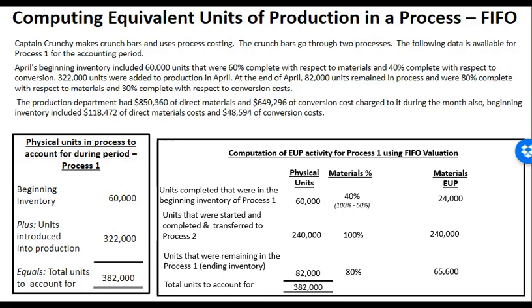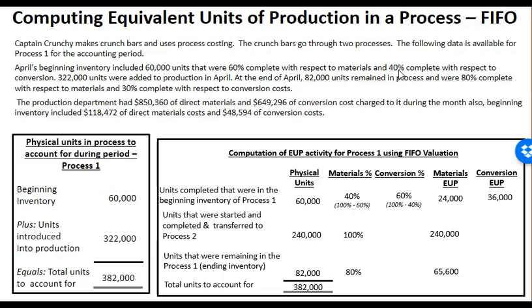Now I've got to do a calculation for my conversion cost, and again I do those separately because those are different percentages of completion. So in terms of conversion costs, units that were completed from my beginning inventory, according to my problem here, were 40% complete with respect to conversion costs.